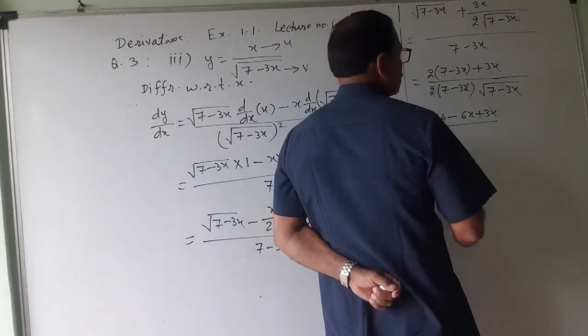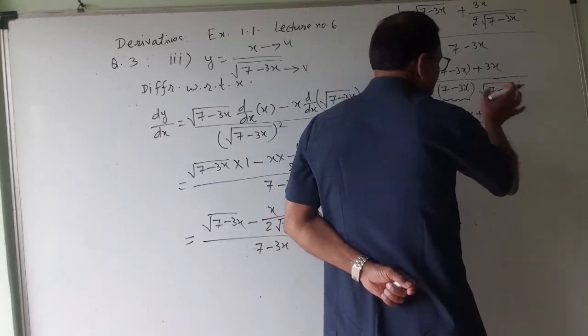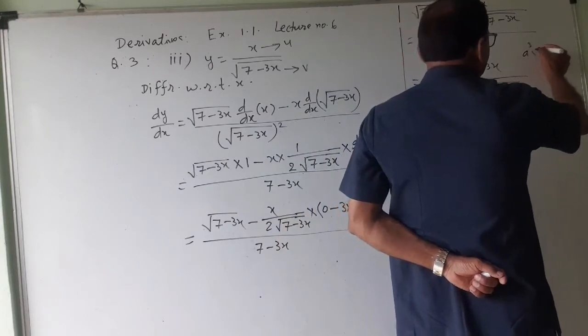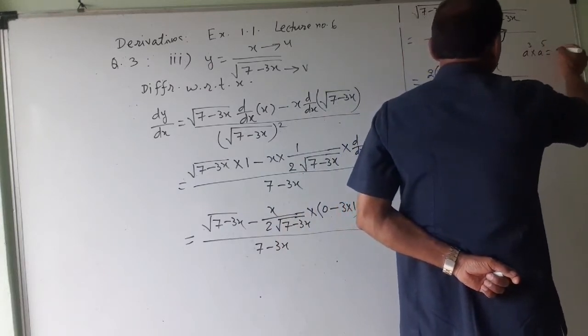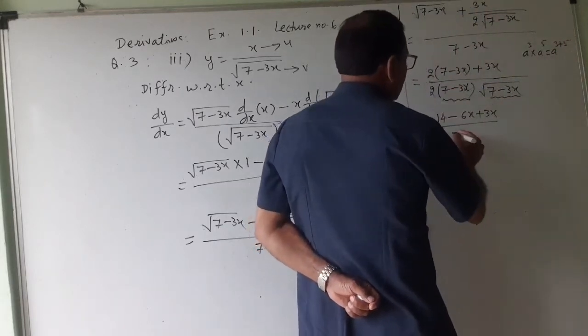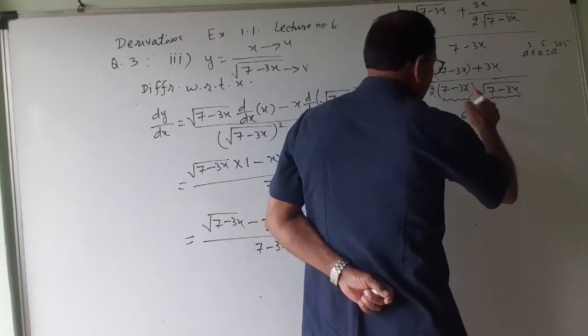Upon 2. Now this and this part is the same, only the powers are different. A raised to 3 into a raised to 5 is equal to a raised to 3 plus 5. Here the power is 1. So 7 minus 3x raised to this is 1.